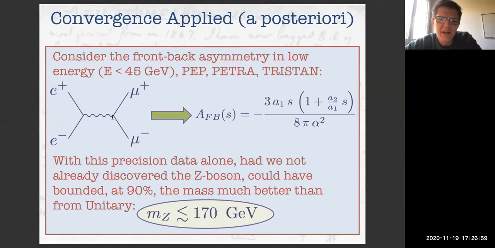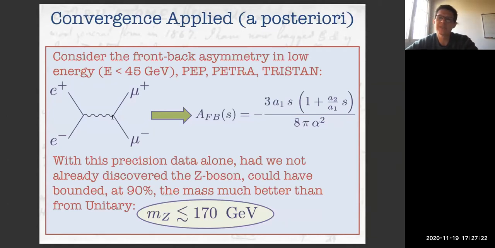But nonetheless, those measurements were so precise that using convergence alone, you could have proven that the new physics contributions had to enter at below 170 GeV. So the Z had to have mass below 170 GeV. And this is actually much, much stronger than any perturbative unitarity limits, which would have been around the TeV scale.